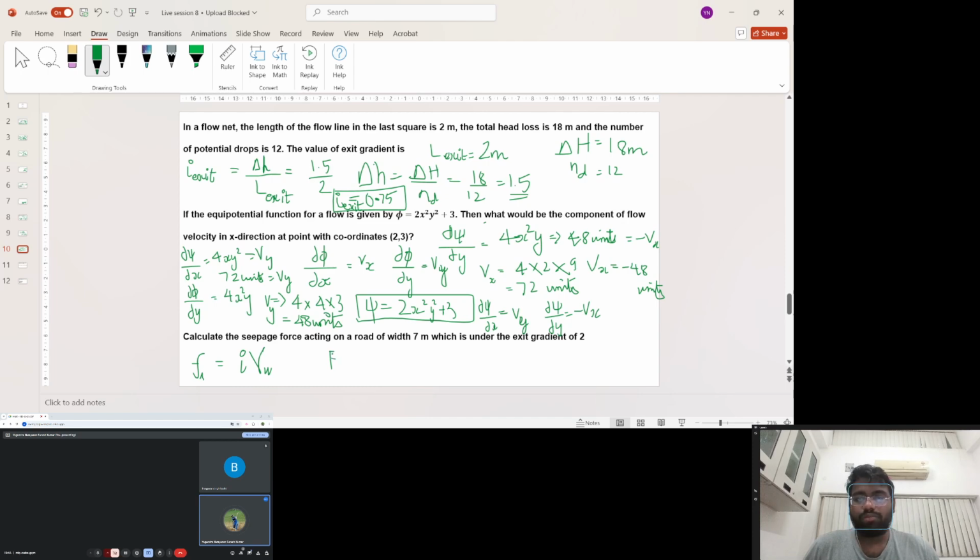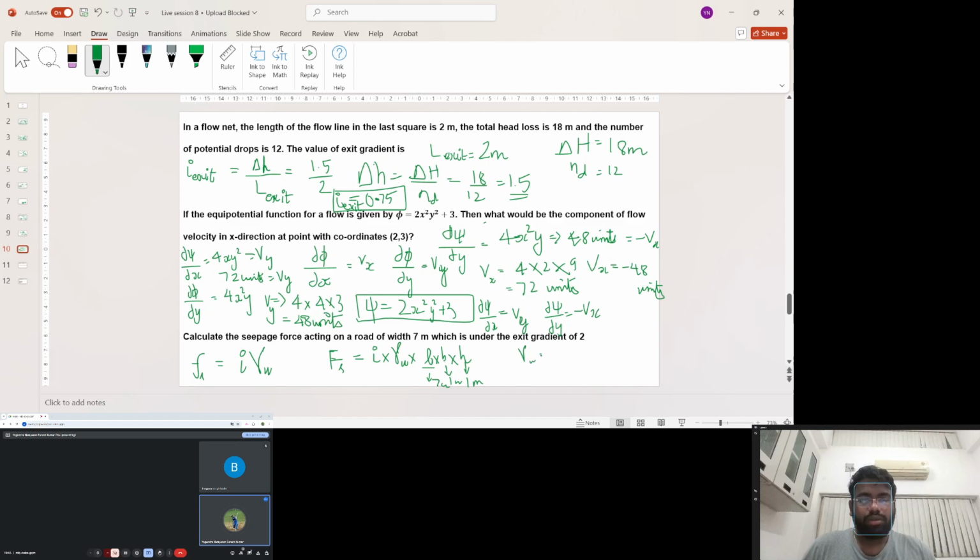So for the complete volume, since this road is independent, that is, the other directions are infinite, we assume the other dimensions as 1. So it is i into gamma w into L into B into H. So let length be 7, and B and H be 1 meter.